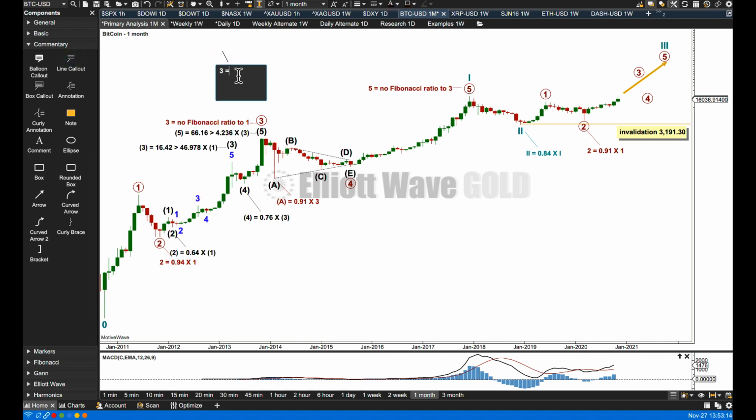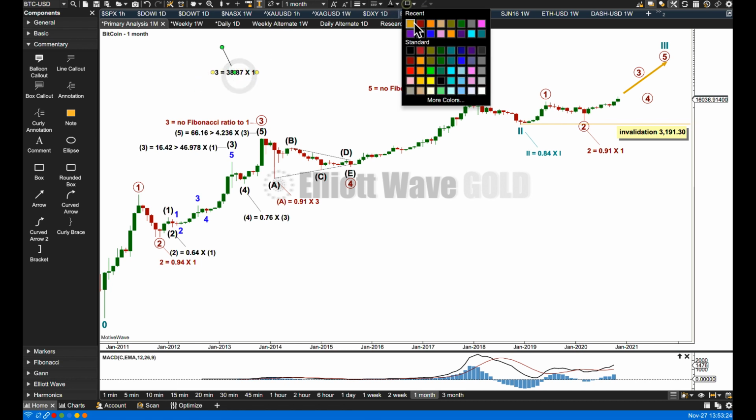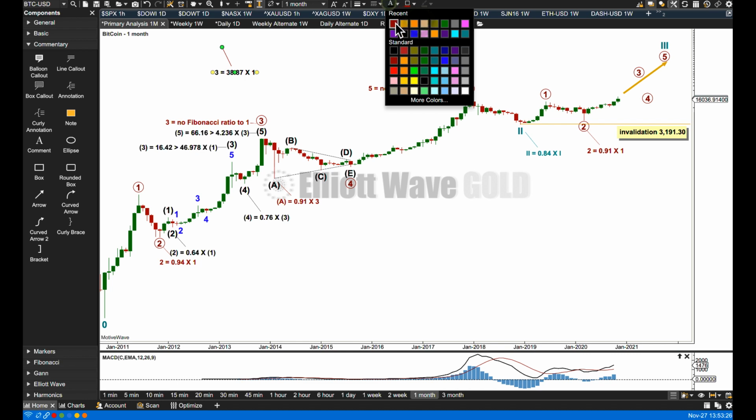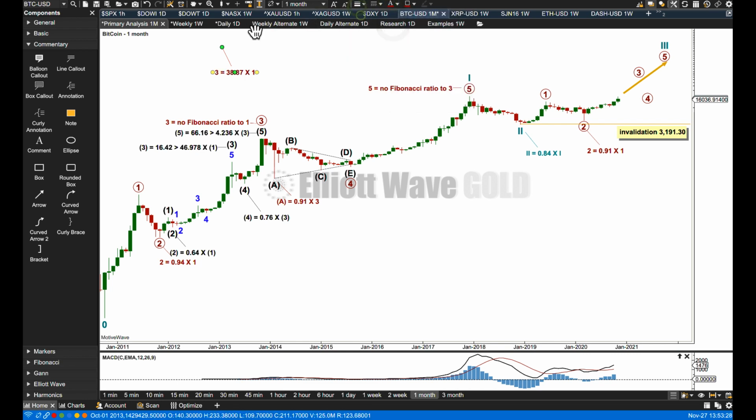Let's just write this in. 38.87 times primary 1. Let's add some colour there so I know what degree of labelling I'm referring to when I make this notation, and put this here. So that's the length of 3 in relation to 1. What about 5 in relation to 3? 3 is 1239.93.